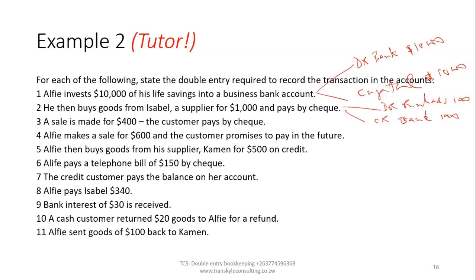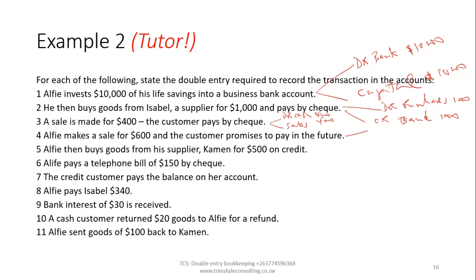A sale is made for $400. The customer pays by check. So here we are going to say debit cash, because we've received the cash, 400, and credit sales 400. Alfie makes a sale for $600 to a customer, and she's going to pay in future.